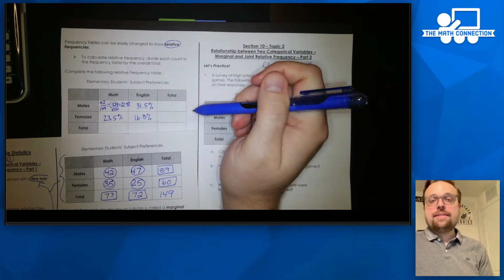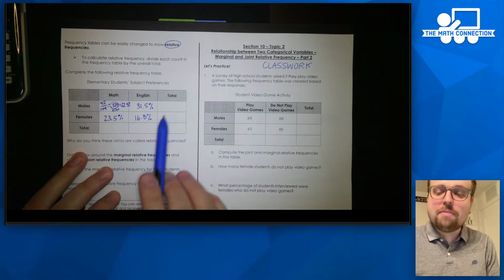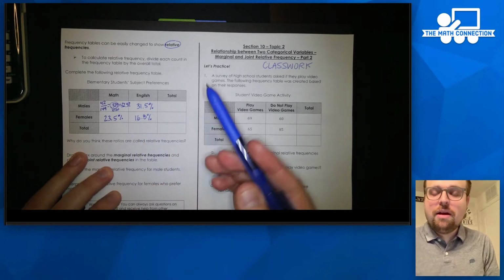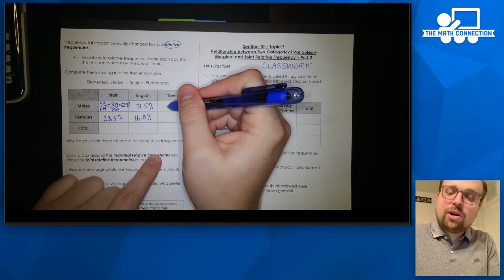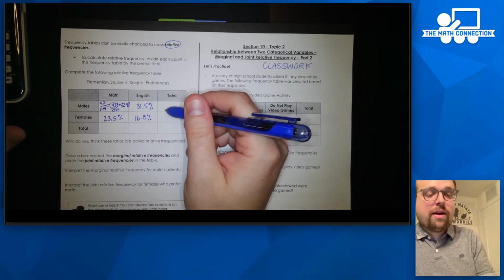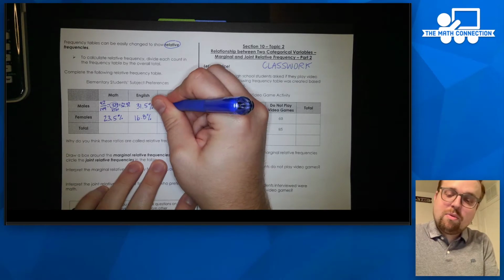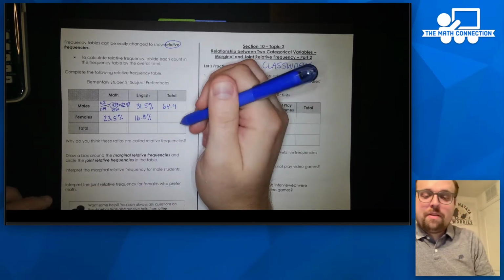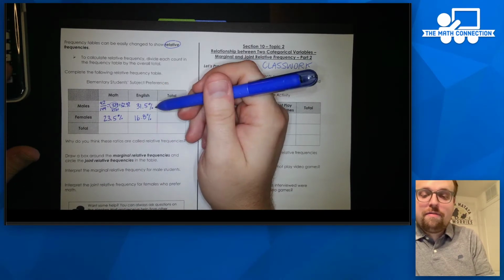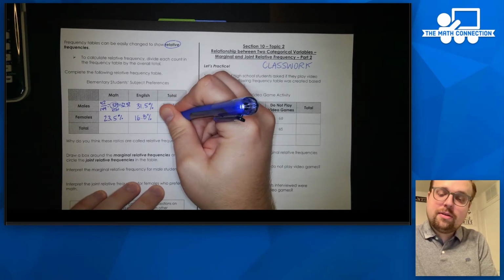Okay, now at the end of the day, you're going to do a similar process here to find these marginal relative frequencies. So you just add across and you add up and down to get what these are. So 32.9 plus 31.5 should be 64.4. And then 23.5 plus 16.8 gives me 40.3.